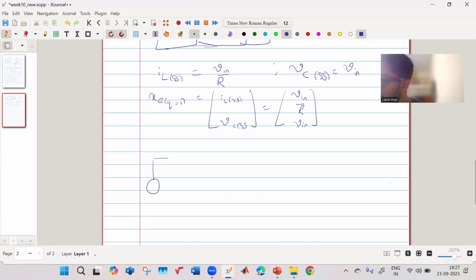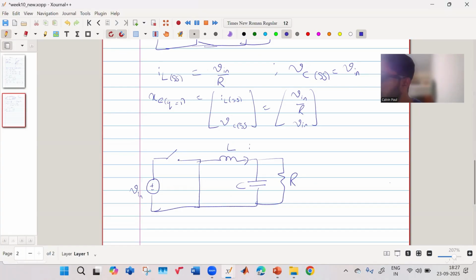Now this is your V in and it is open over here, and this switch is closed. This is your L, this is your C, and this is your R. Okay. Now you tell me what will be the steady state equilibrium points of these.